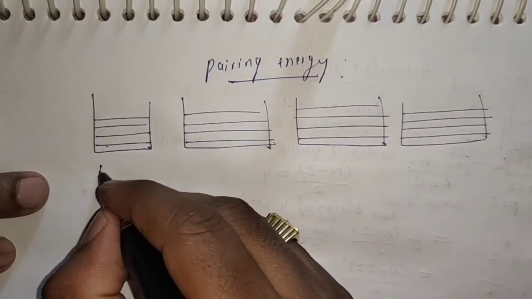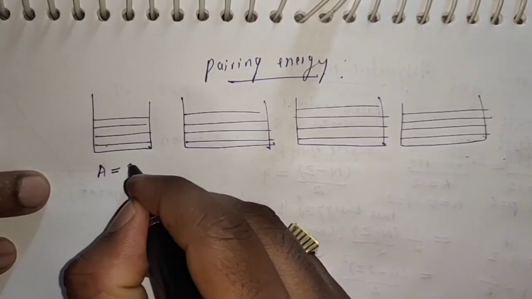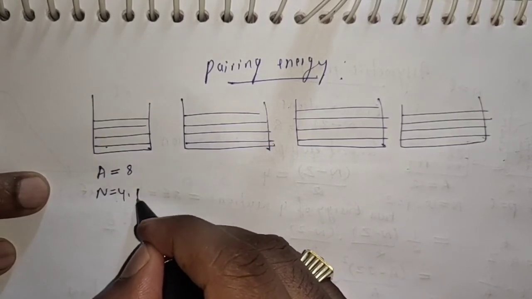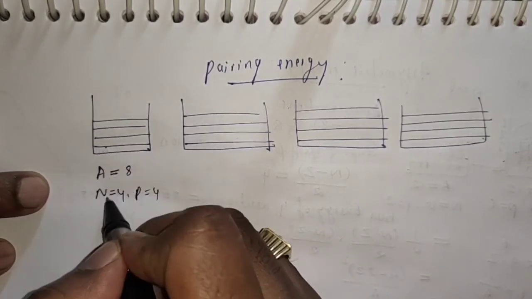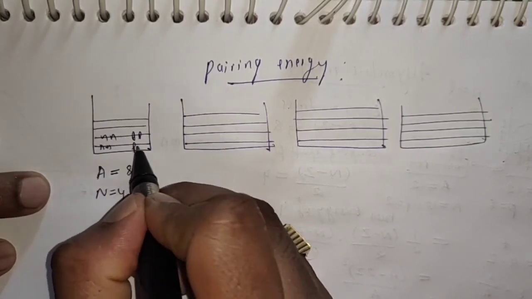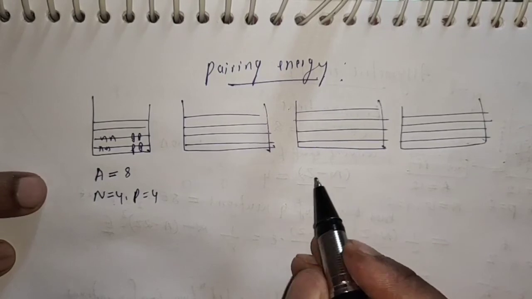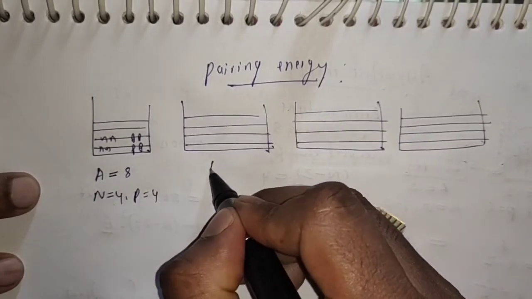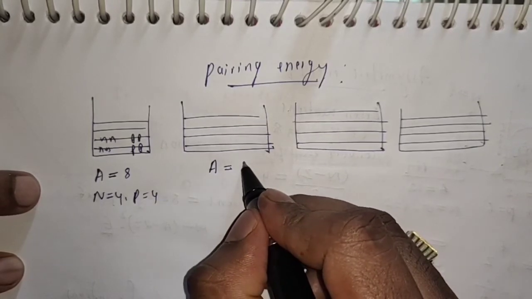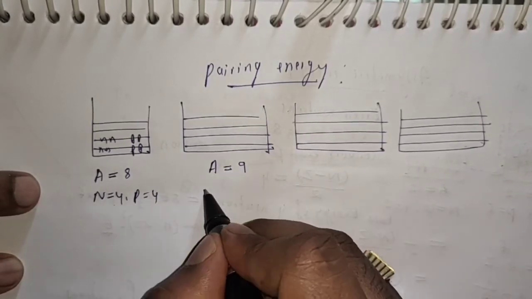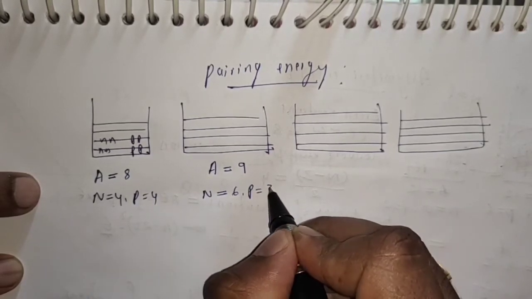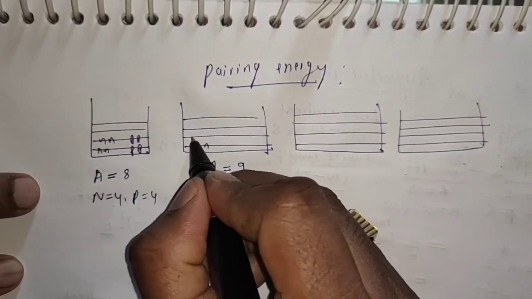Here I am going to consider mass number A as 8, number of neutrons 4, number of protons equal to 4, and these protons and neutrons occupy energy levels. And one more thing, here I am going to take mass number 9 and number of neutrons equal to 6 and number of protons equal to 3.